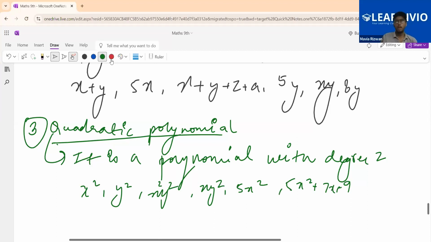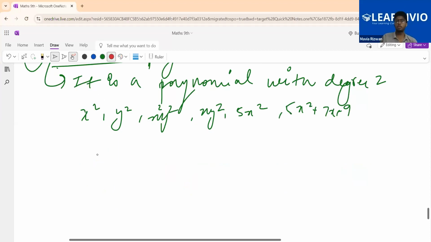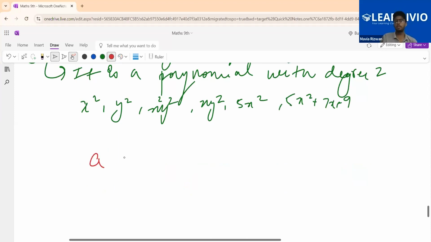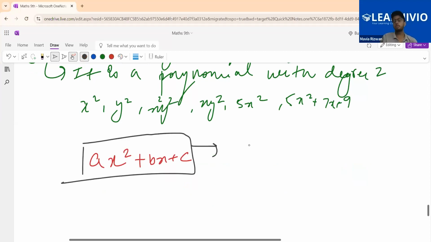Now we'll learn about the general form. General form of a quadratic polynomial is ax square plus bx plus c. Not clear? Okay.